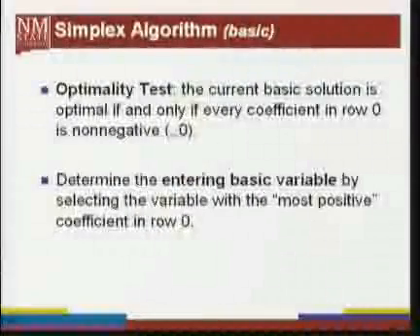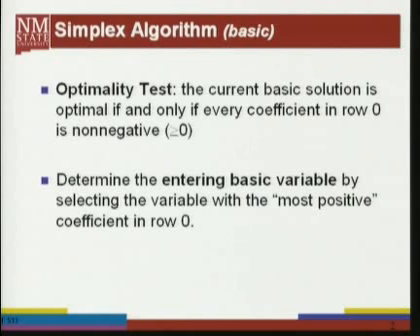And this is the summary of the ordinary simplex algorithm. Like it says, the first step is the optimality test, right? If every coefficient in the objective function row is greater than or equal to 0, of course for the minimization problem, right?